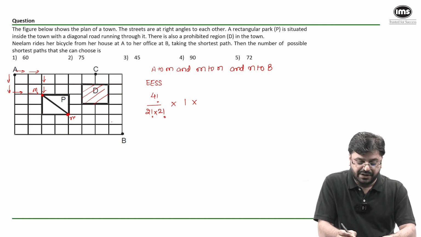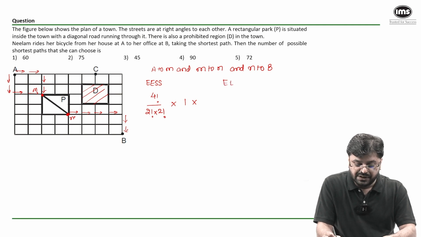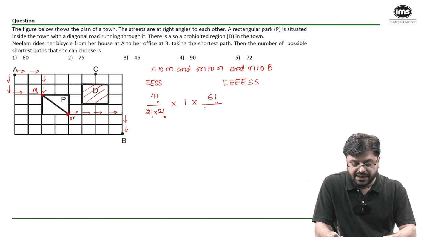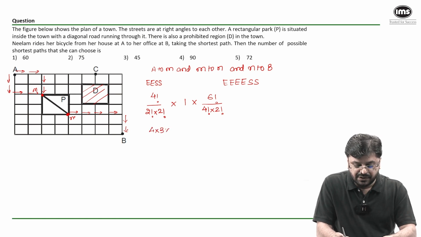And then from N to B, if you want to reach, then you need to take 1, 2, 3, and 4 east and 2 south turns. So if you want to take 4 east and 2 south, that means you need to arrange 6 articles, of which 4 are identical and 2 are identical. Now factorial 4 upon 2 factorial into 2 factorial is nothing but 4 into 3 into 2 into 1 upon 2 into 2.